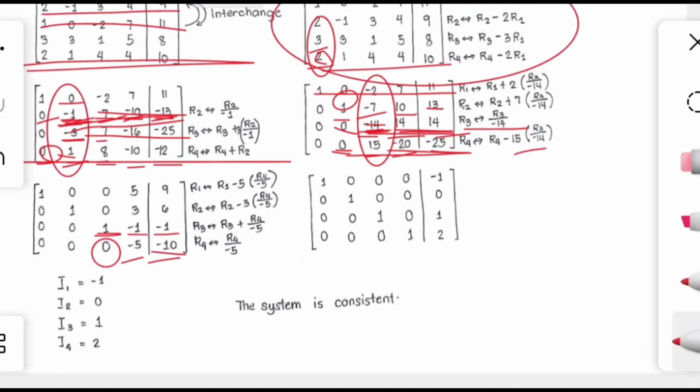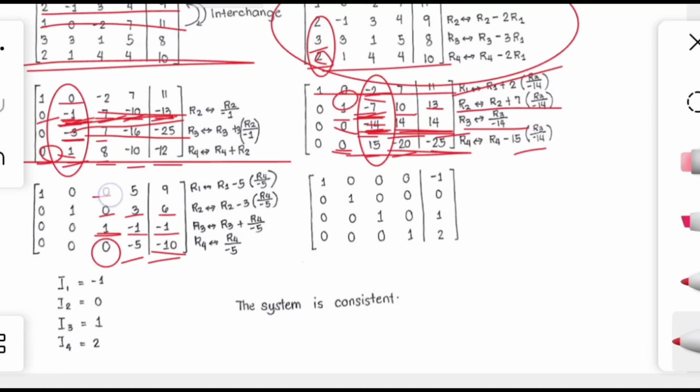As for the row 2 also, we have r sub 2 plus 7 times r sub 3 over negative 14, since we have negative 7 here and we want to establish here for the next to be 0. So following this, we can create the 0, the 3, the 6. As for the row 1, we have here r sub 1 plus 2 multiplied to r sub 3 over negative 14, since we have the negative 2 here and we want it to be 0.